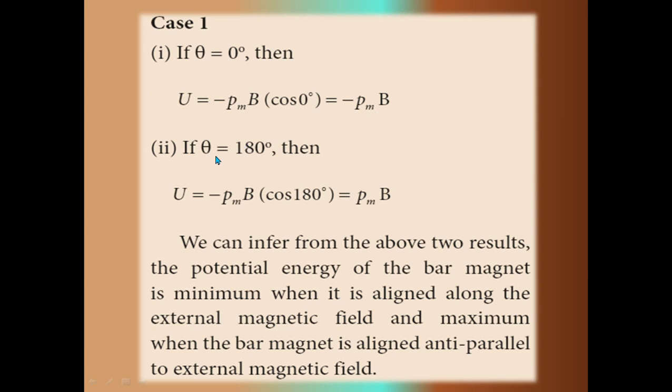If theta is equal to 180 degrees, that means the dipole is rotated through 180 degrees, then cos 180 degrees is minus 1. Minus and minus make plus, so U is equal to plus PM B. So we can infer from the above two results that the potential energy of the bar magnet is minimum when it is aligned along the external magnetic field.